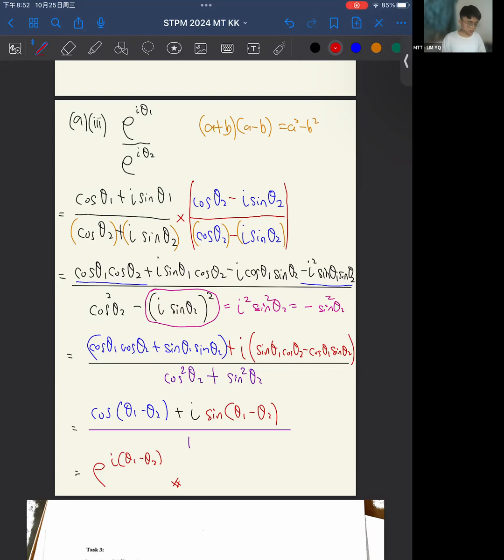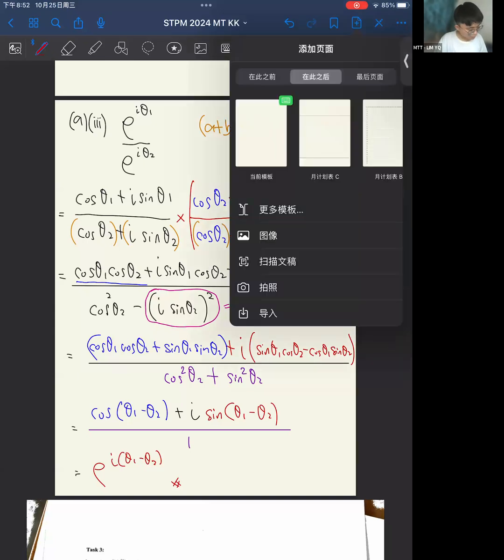This one, what do you do? Okay, wait. For the general case, when we have power n, we try to show it is equal to this one.